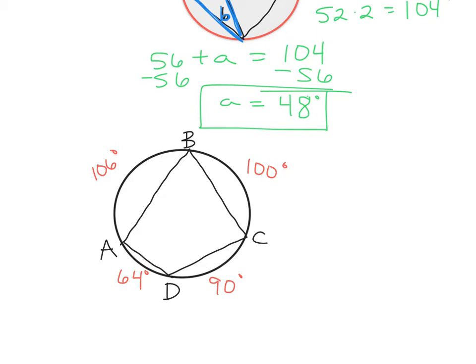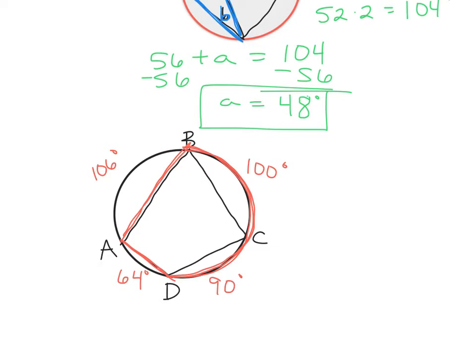No, but I see where you're going. You're on the right track. Would it be 90 plus 100? Right, so it's half of that. So here's the deal. You're taking angle A, okay? So if we start with angle A, here's our angle. My intercepted arc is arc BCD, right? Why did we put that?